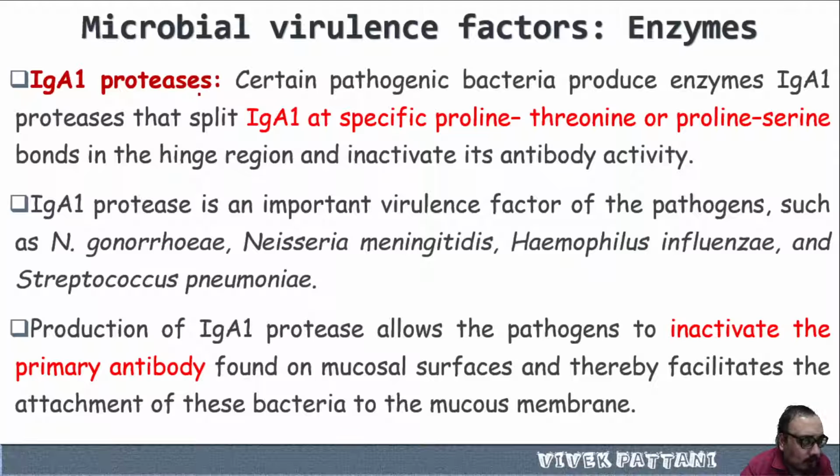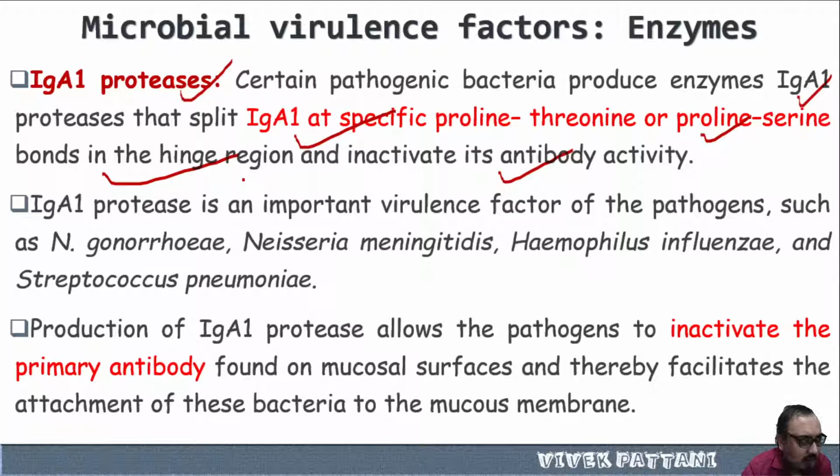Now moving forward with the IgA1 proteases. Certain pathogenic bacteria produce the enzymes IgA1 proteases that split IgA1 at specific proline-threonine or proline-serine bonds in the hinge region and inactivate its antibody activity.